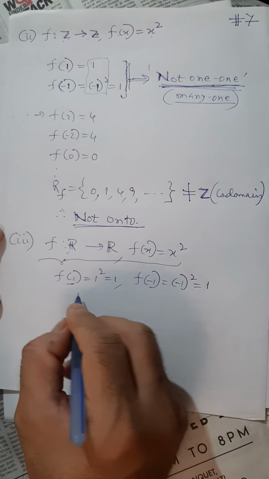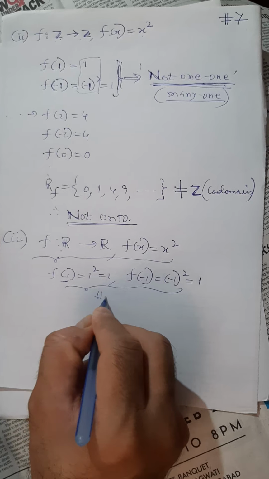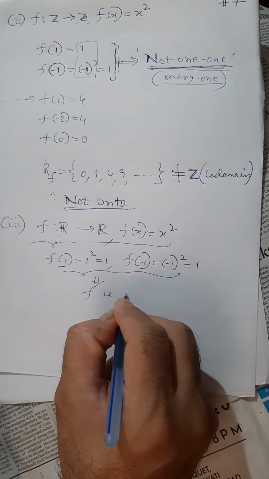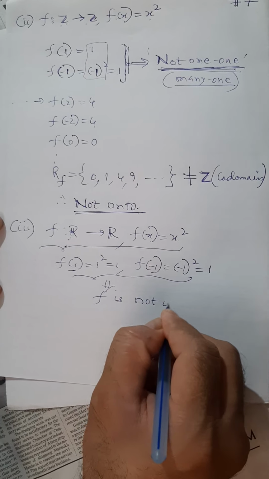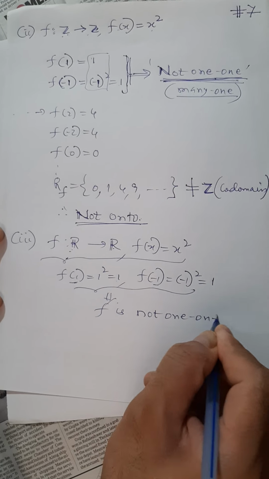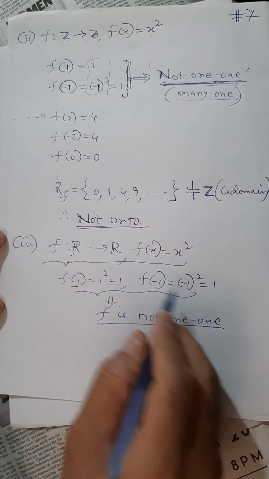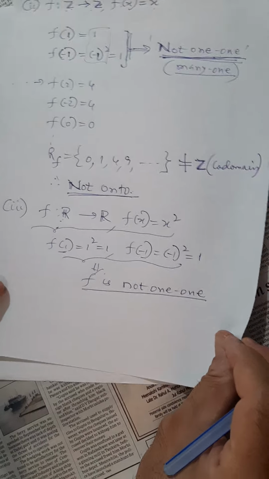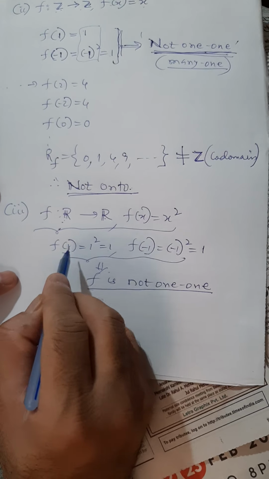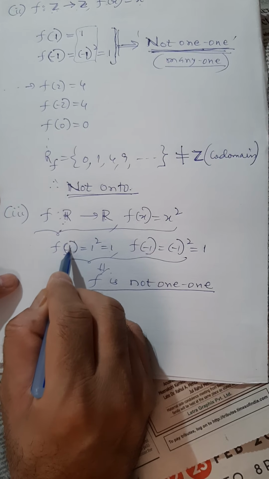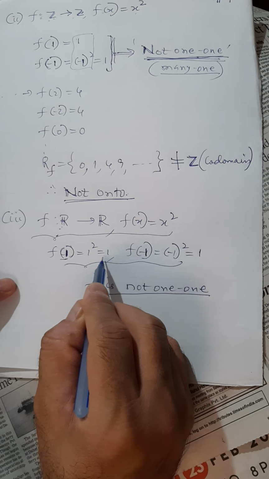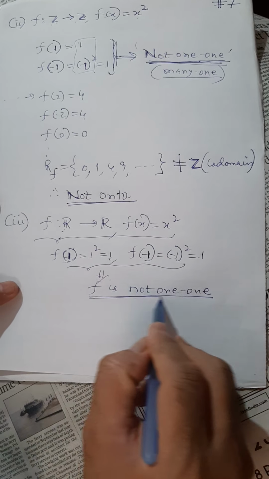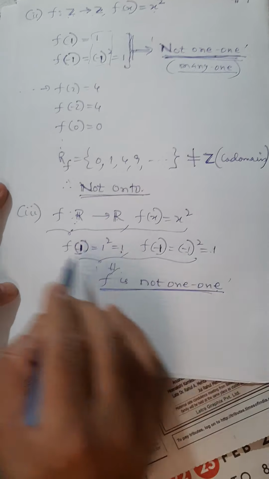Elements are different, images are same. So your conclusion is f is not a 1-1 function. One example is sufficient, remember. You can give some more if you want, but just one example is sufficient. Here 1 and -1 are different, but their images are the same. So this is not a 1-1 function.